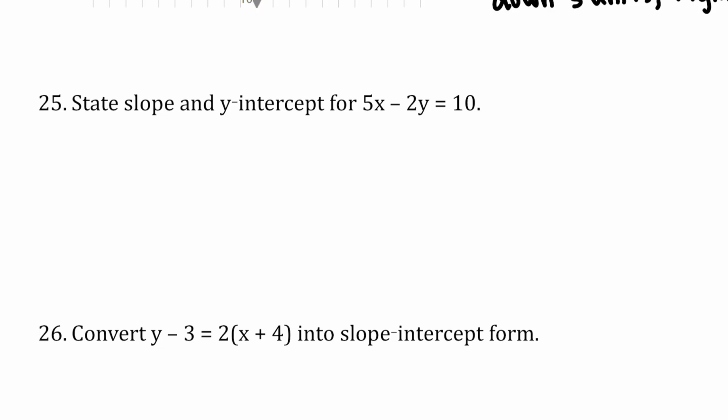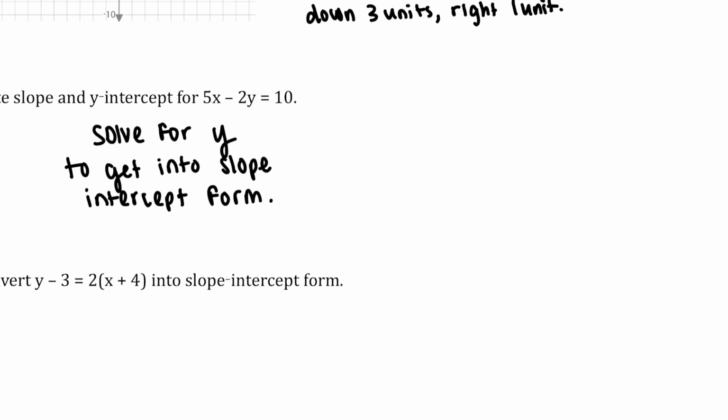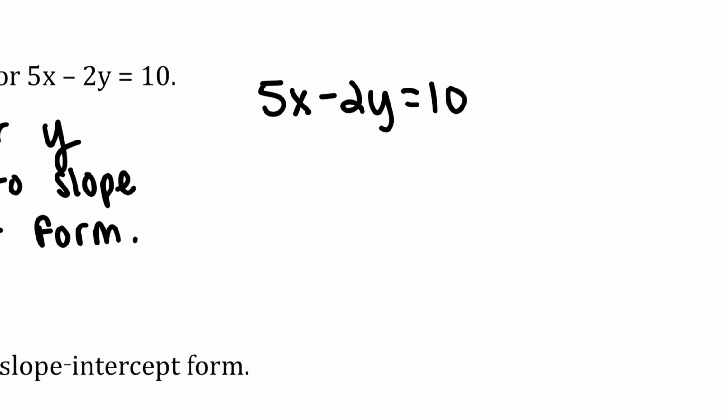So how we solve for it is we're going to need to solve for y to get into slope-intercept form. So 5x minus 2y is equal to 10. Solve for y. We need to get y by itself.